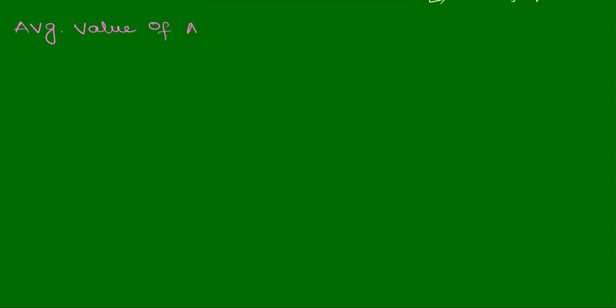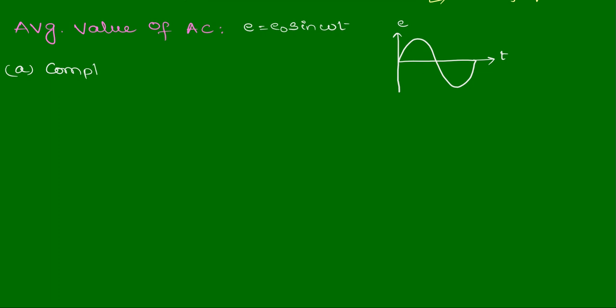Suppose we have a sinusoidal wave like this, and E is given as E naught sine omega t, and suppose they ask for a complete cycle, complete cycle means from 0 to T.